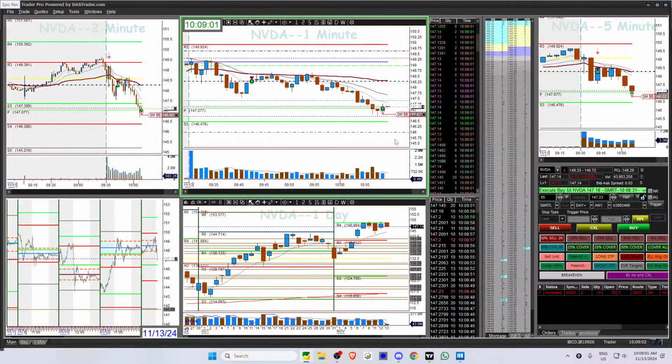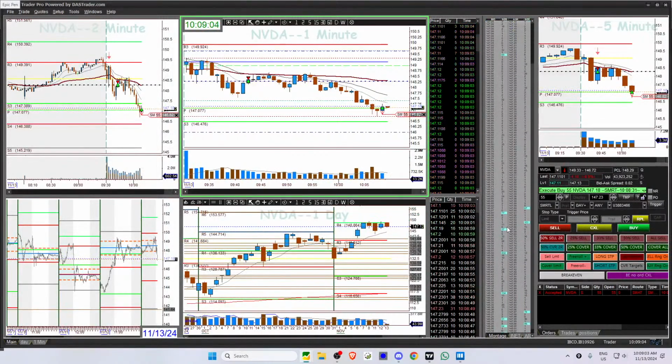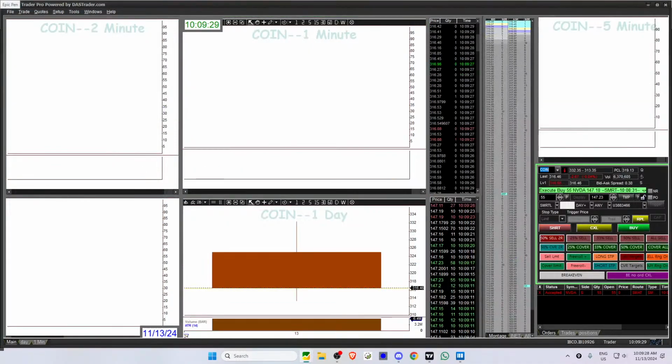I notice on stocks like Coin, the slippage can be crazy, because the spread can be 40, 50 cents sometimes. Wow. Yeah, when Coin is really moving. Right now it's about 40, 50 cents, or higher. Coin is crazy right now with that spread.